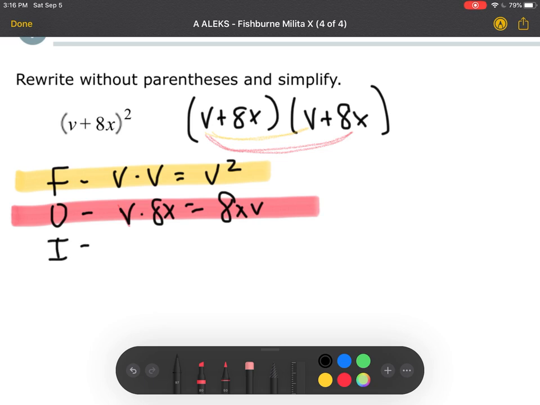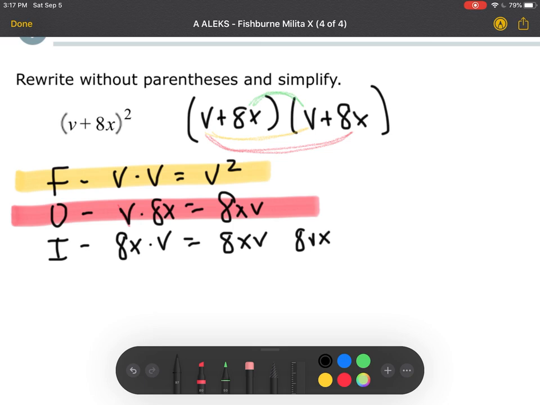Now, inside. I'm going to do that in green. Inside, the next ones on the top are the two that are on the inside of the expression, right in the middle next to each other. So that is 8x times v, which is 8xv.